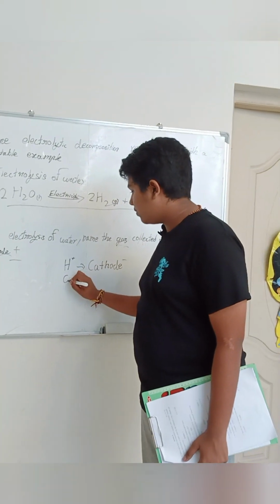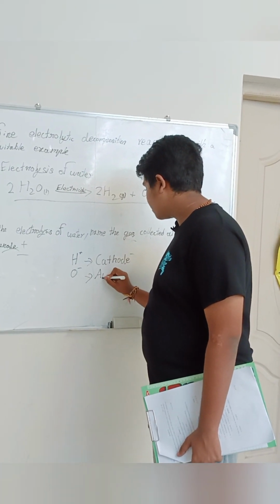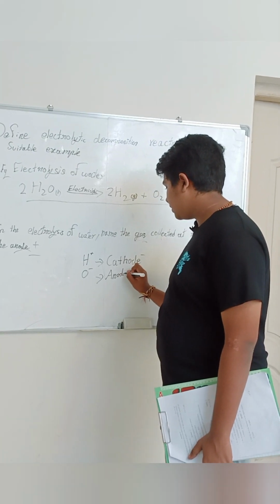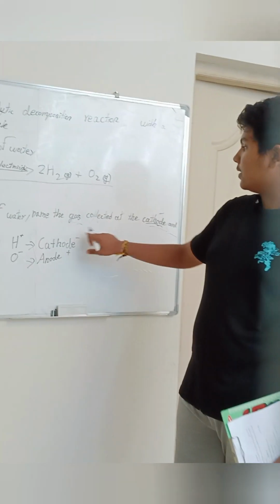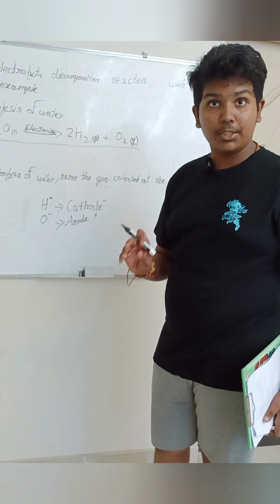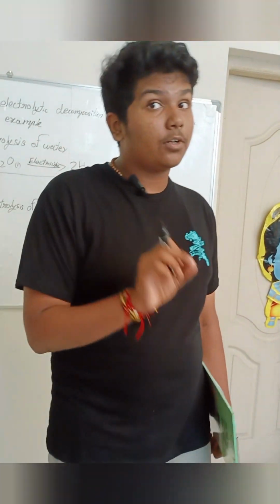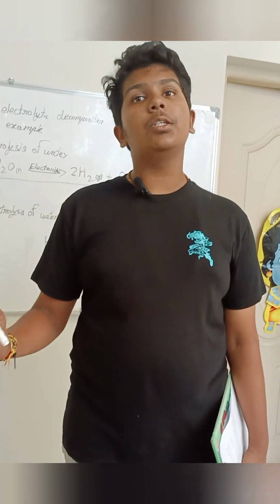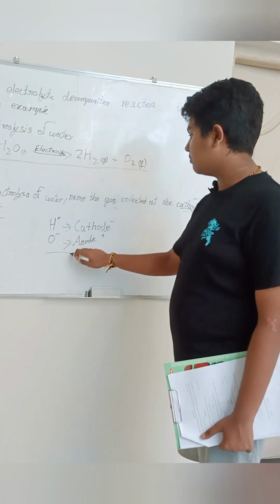So this O which is negative goes to the anode, which is the plus side. So hence we found the gas which is collected at both these electrodes. And what do they contain? Cathode contains the positive hydrogen ions, and as for anode, it contains negative oxygen ions. Hence we found the answer.